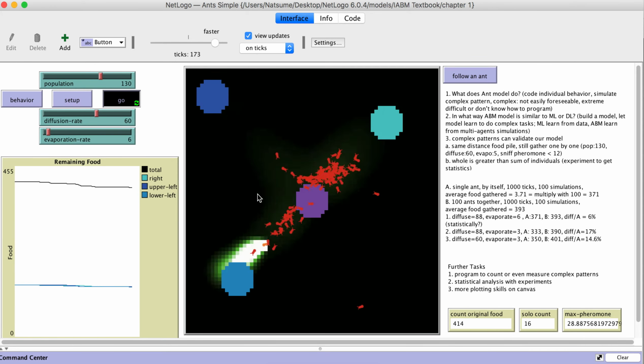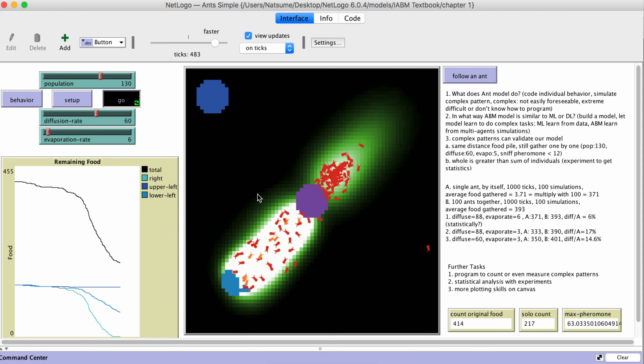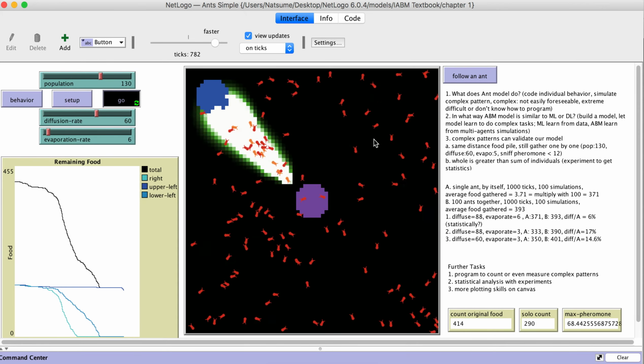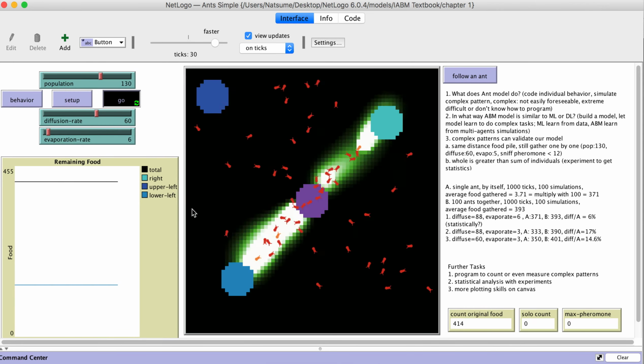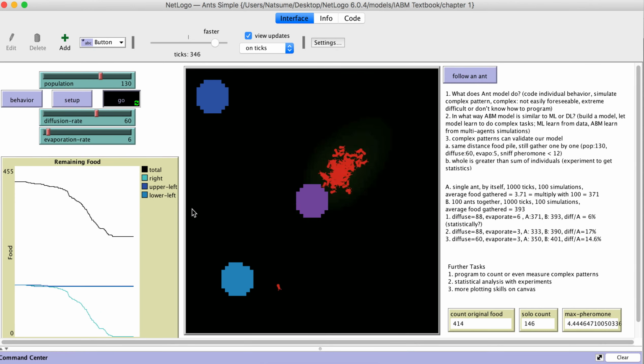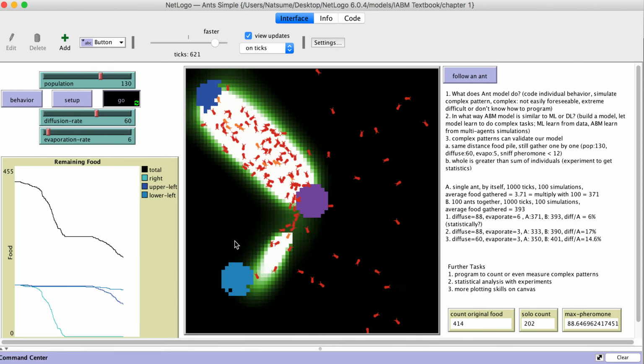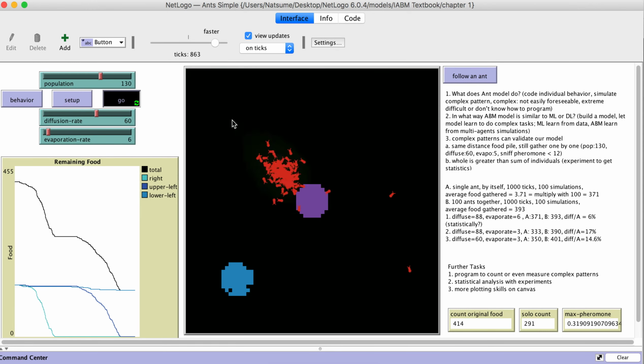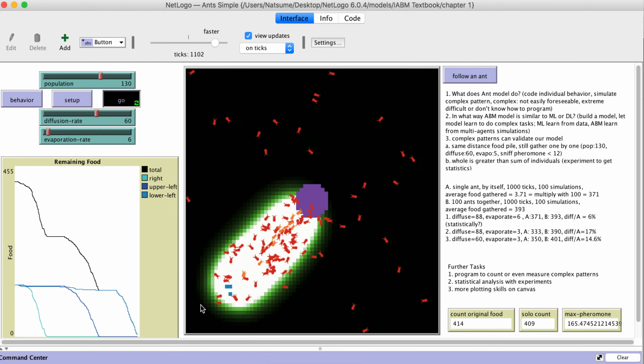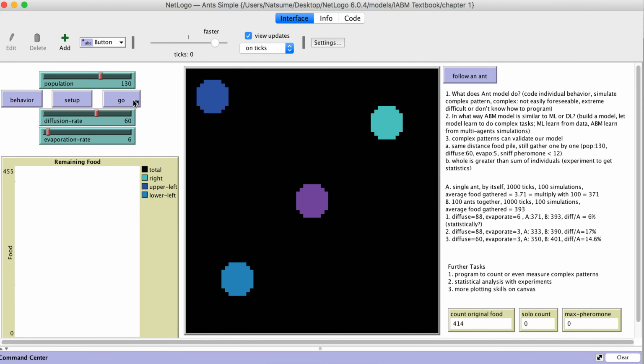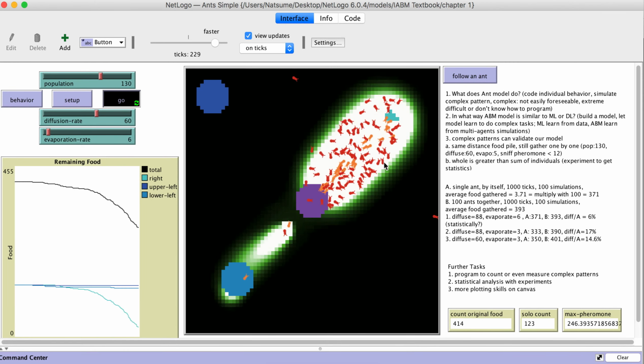Try again. Okay, this one slightly faster. Okay, this part first, and this pile second, and then this pile. Try again. This one first.